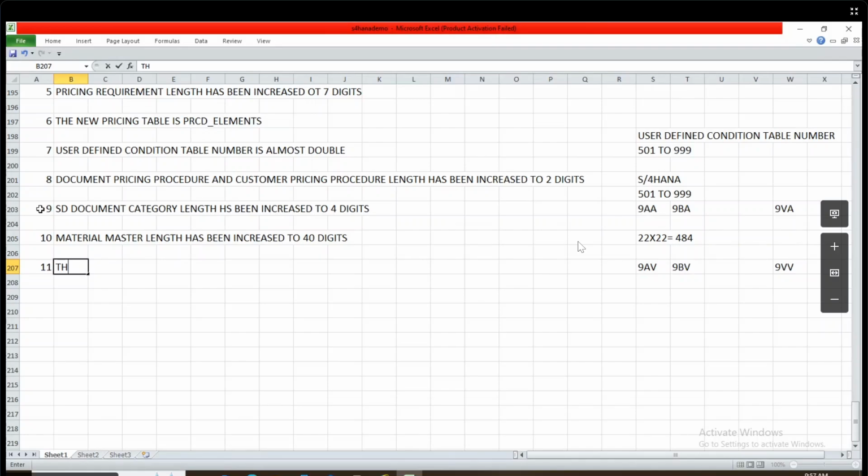Tables MKPF and MSEG, which are material document related, their data is also stored in the MATDOC table. It's a new table.